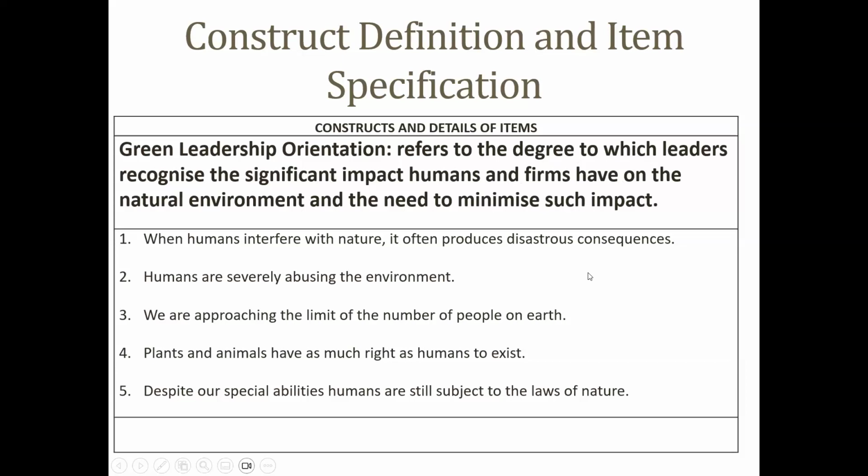So my question is, can you relate these measures to this definition? The extent or the degree to which leaders recognize the impact of both humans and firms on the natural environment and the need to minimize this. If you read these statements, are you able to relate to the idea or the definition painted here?